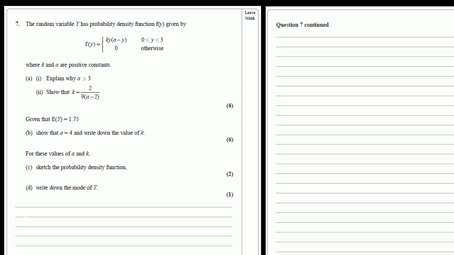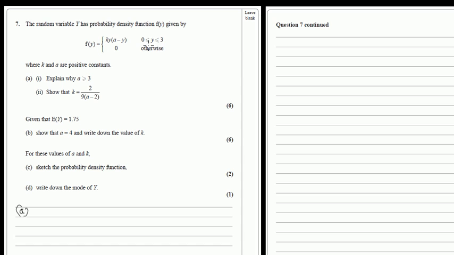So we have another continuous distribution sum. A PDF is given. K and A are positive constants. Explain why A is greater than or equals to 3.